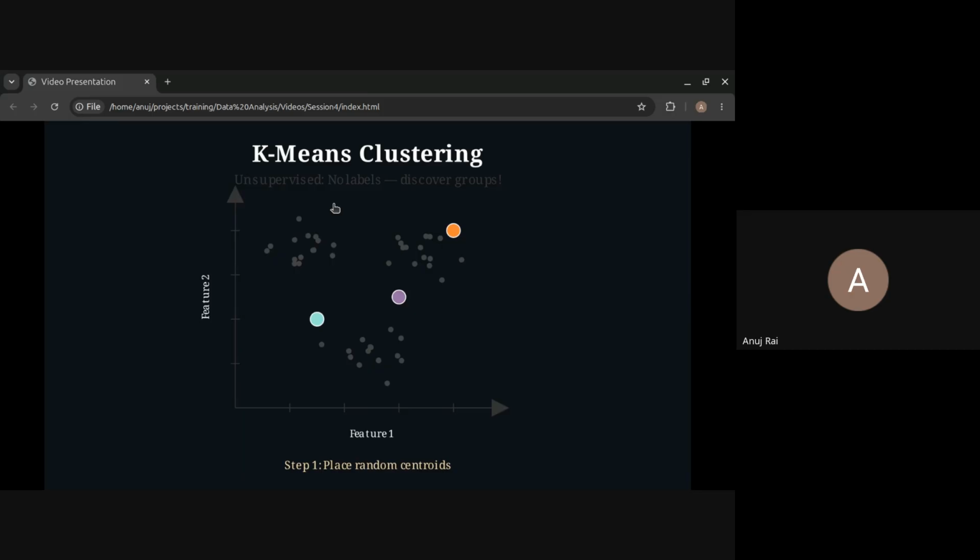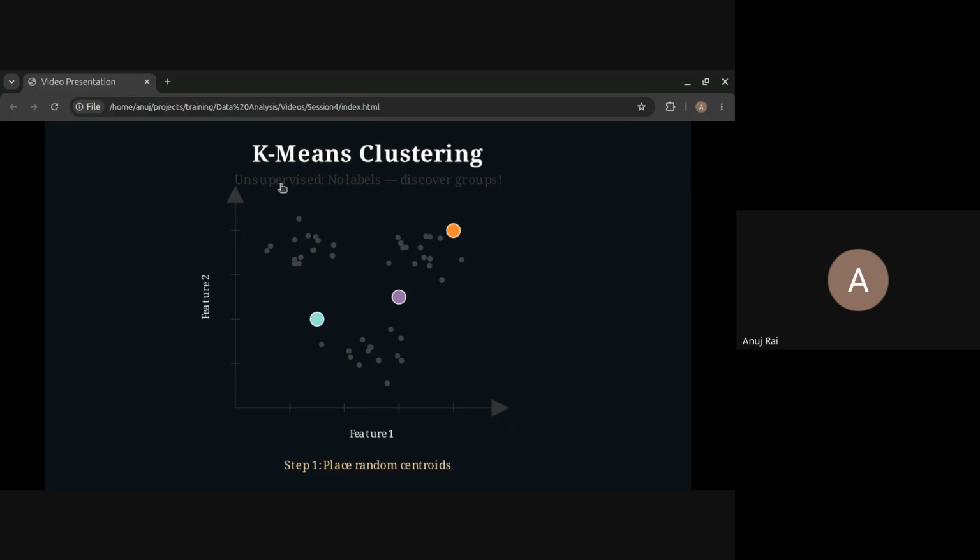Let's say you consider customers' shopping habits: if you consider all the variables of the customer and the amount of shopping the customer has done, you can classify the customers into different segments. For those kinds of algorithms, where you don't know what pattern exists and you want to find the pattern, clustering algorithms help us.